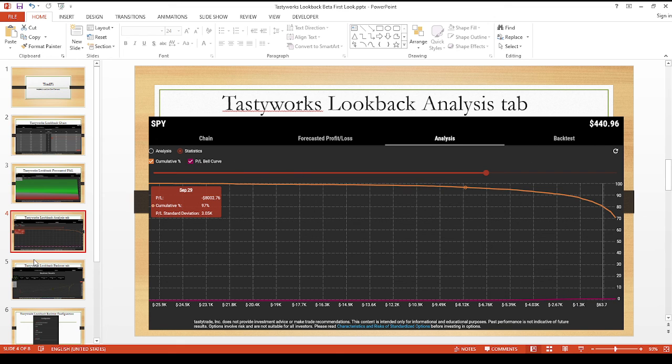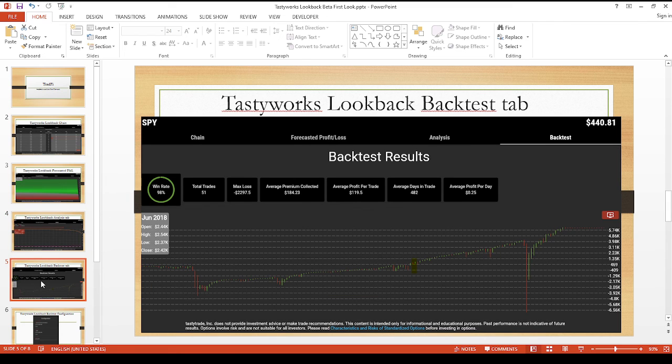And then I think the one that makes the most sense for me is the actual backtest results, and this is what I think a lot of people will be interested in. Based on the amount of data that they have, I'm guessing this is at least 10 years or so. Based on this particular strategy of selling a LEAP short put at the 8 delta strike, I would expect to win 98% of the time, and there would be 51 days.